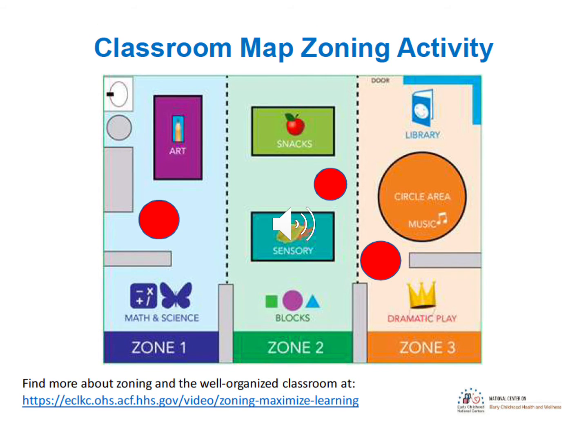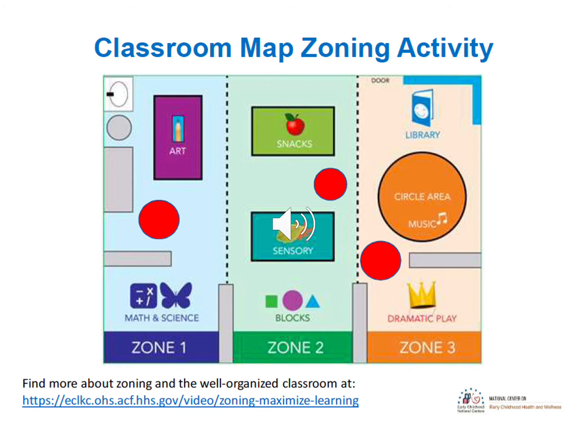If you look at the picture prior to this one, it was just a picture of a zoned classroom. Now, if you look at the red dots on this photo, you would see in zone 1, the person is centered pretty much in the middle of that zone. In zone 2, this person has chosen to place herself between snack and sensory.